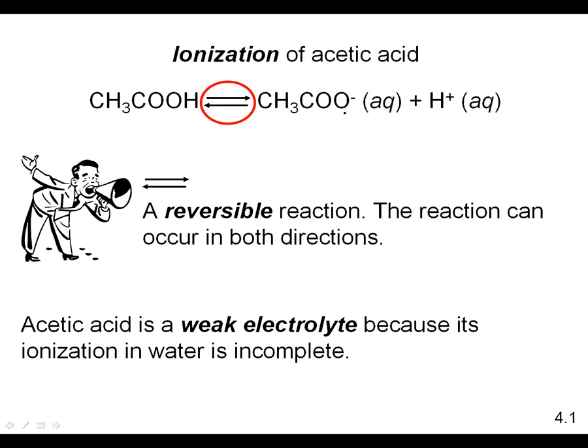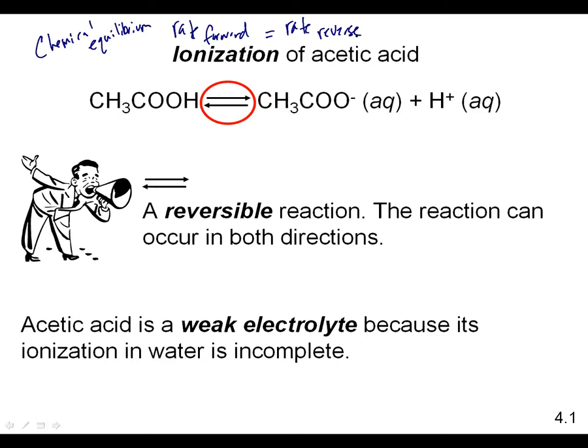At some point, which you'll learn about in whatever class it is, 200B, I guess they call it now, it will reach what is known as chemical equilibrium, which means the rate of the forward reaction will equal the rate of the reverse reaction. So when something reaches chemical equilibrium, it doesn't necessarily mean you have the same amount on both sides.